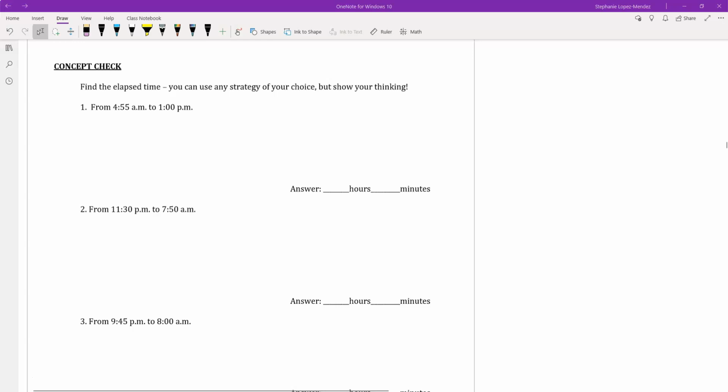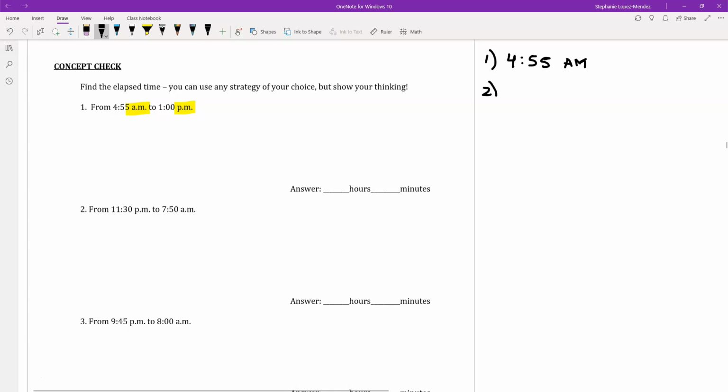Okay, so for problem number 1, we need to find the elapsed time from 4:55 a.m. to 1 p.m. First thing we notice is that we have an a.m. time and a p.m. time. That means that we need to find our later time. So what happened first was the a.m. time. So 4:55 a.m.